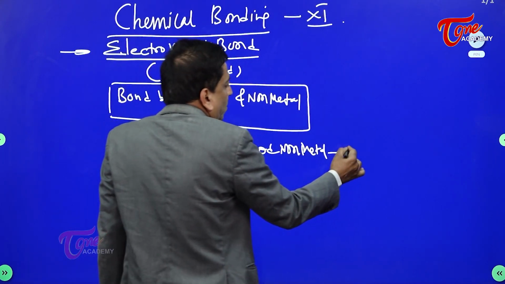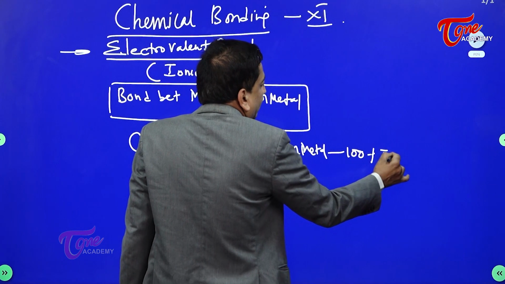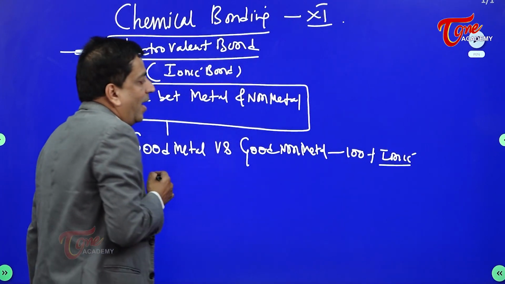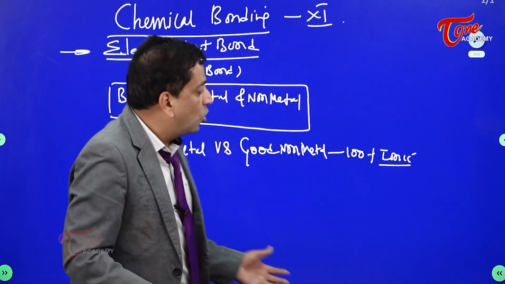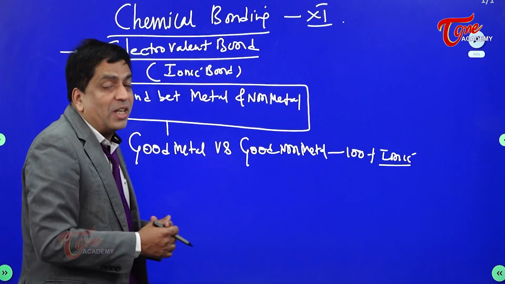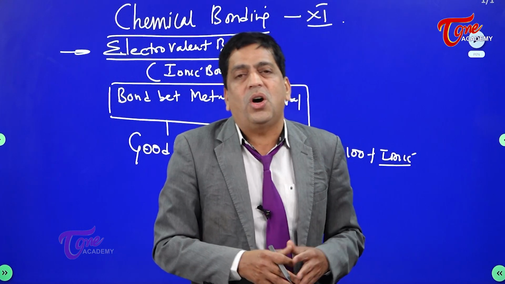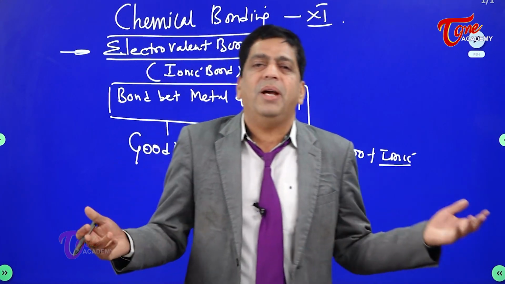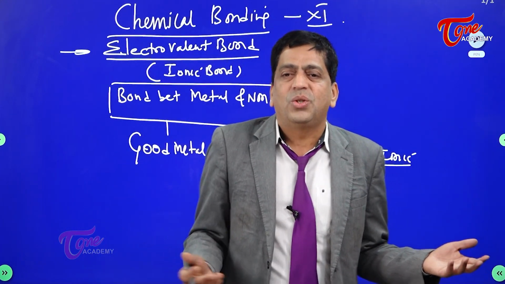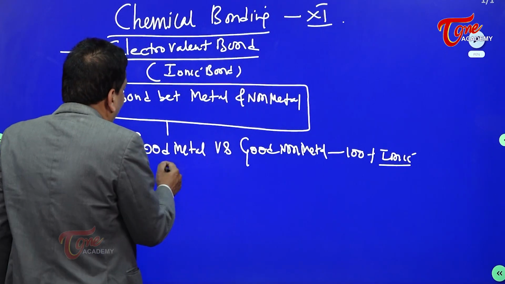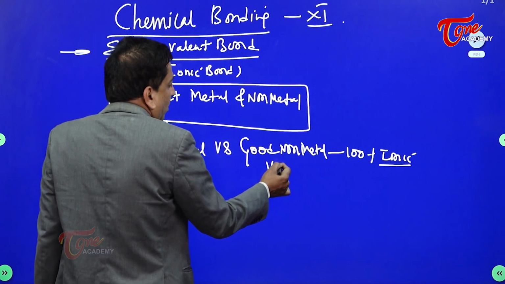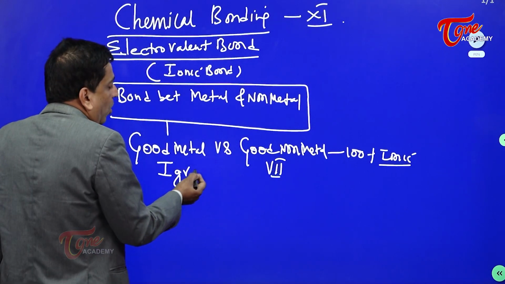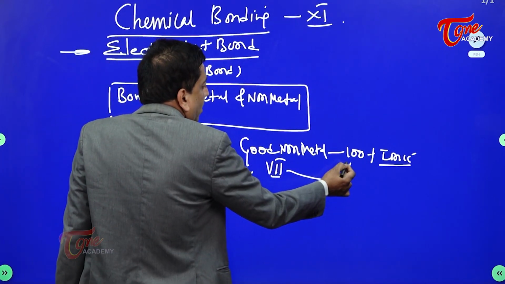Then I call this 100% ionic. That means you must be a good metal and a good non-metal, but not every metal is good. It's simply a metal, right? So this is the first group, and this might be the 7th group, the halogens, and a bond between these two seems to be 100% ionic.